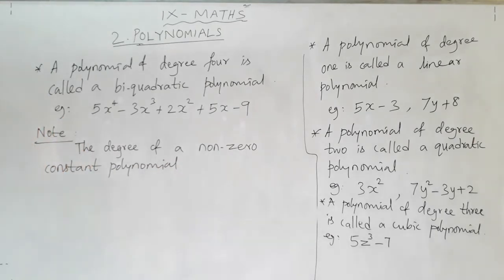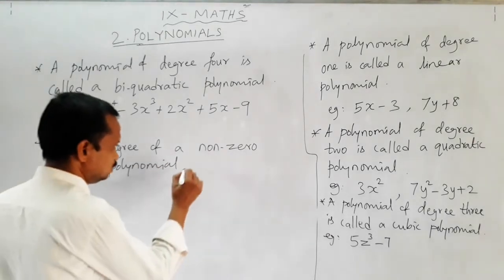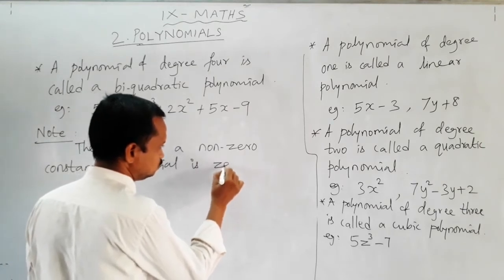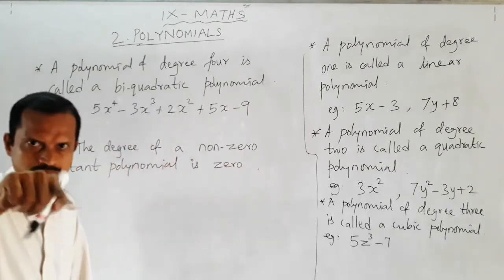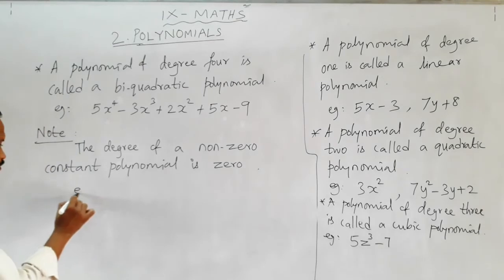Take this as a note. The degree of a non-zero constant polynomial is 0, the number 0. We can do an example.